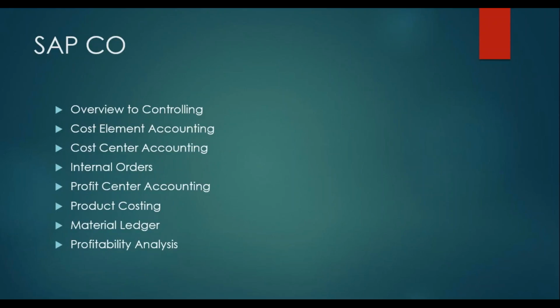We'll cover the overview of controlling, cost element accounting, cost center accounting, internal orders, profit center accounting, product costing, material ledger, and profitability analysis. These are three important topics which are very rarely covered in FI/CO courses, so we are going to give them complete dedication. At the end of this course, you can expect expertise in product costing, profitability analysis, and material ledger.